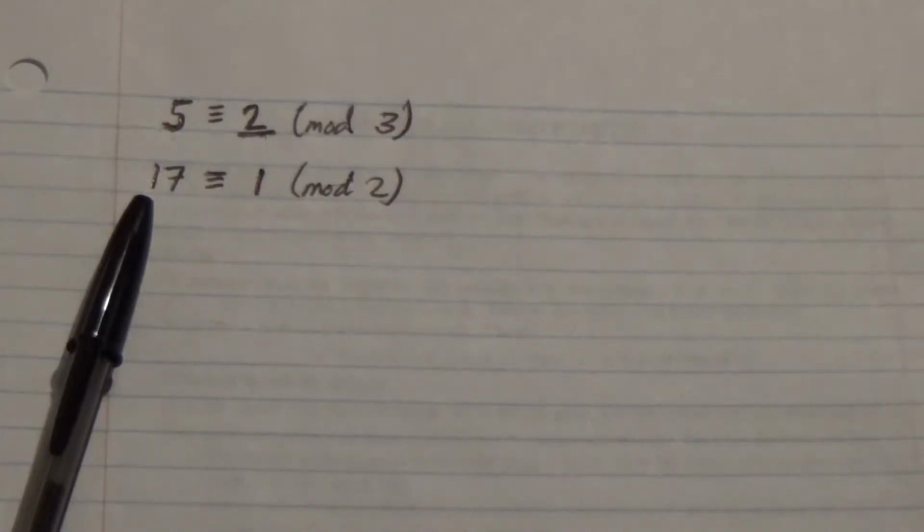For instance, if we had a number which is congruent to 0 modulo 2, that means that the number minus 0, really just the number, is evenly divisible by 2, which means it's even. However, saying that it's congruent to 1 modulo 2 is just saying that it is odd.